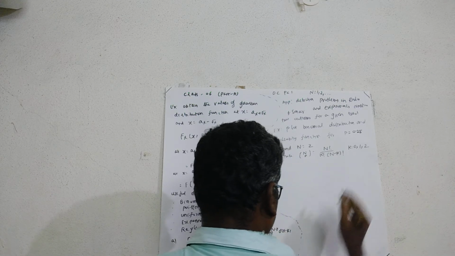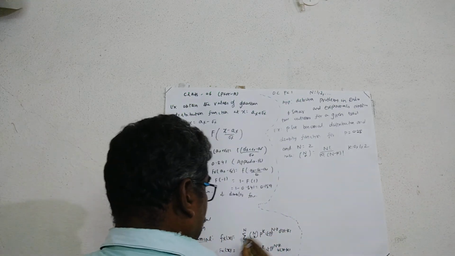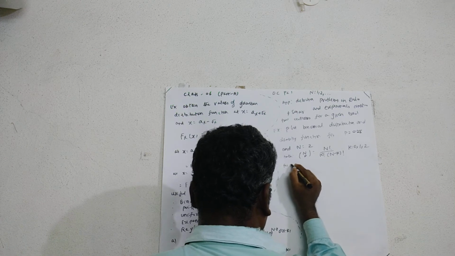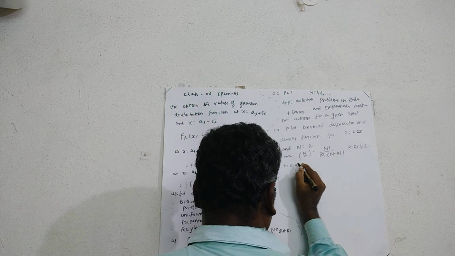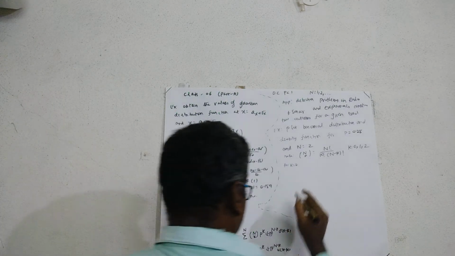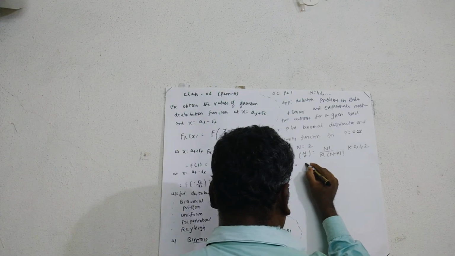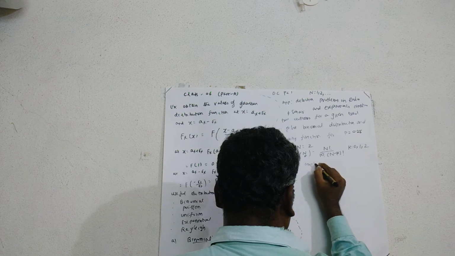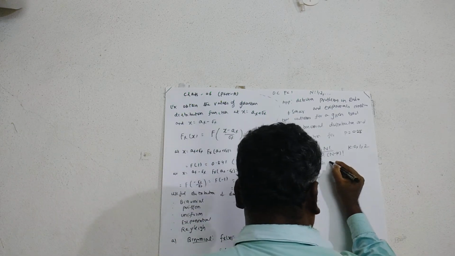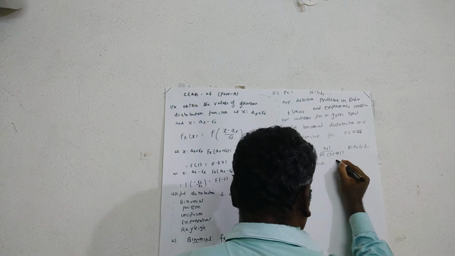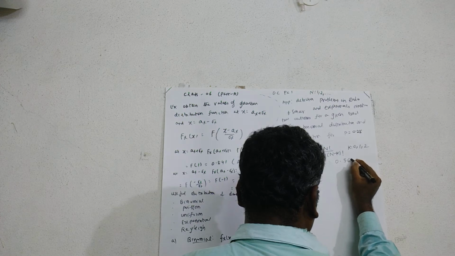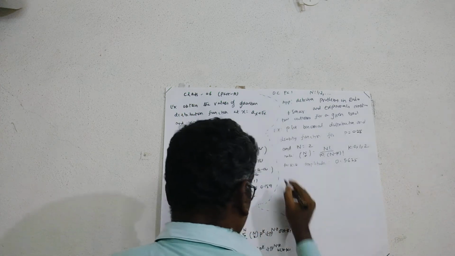Now, what is the amplitude for k is equal to 0? The amplitude is given by 0.5625.